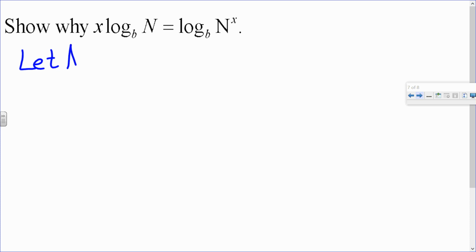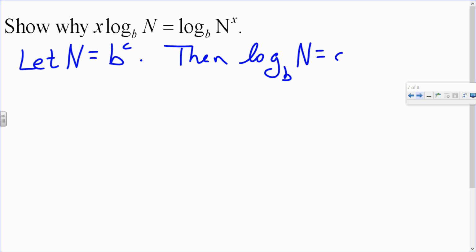Let n equals something. I'm going to keep the same base b, and I can pick any variable they haven't already used, so I can't pick x, can't pick n or b. I'm going to stick with b to the c since that's what I used on the other two. Why not? Change that to logarithmic form. So log base b of n equals c.